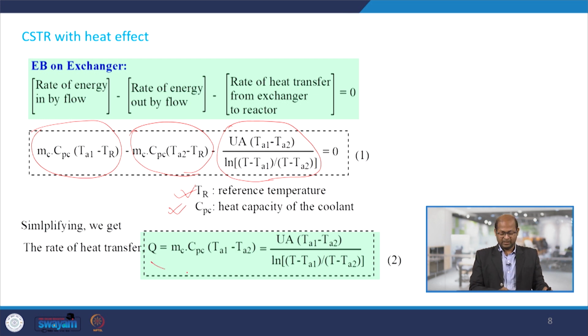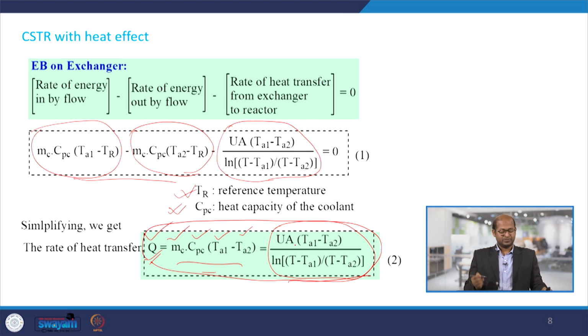If we simplify, equation 1 we can write this way, with these two on the left hand side and this on the right hand side. So Q equals this: if you know the mass rate, heat capacity and coolant inlet and outlet temperatures, then you know the rate of heat transfer to the system. And if you know the overall heat transfer coefficient, heat transfer area and LMTD, that way also we can write the rate of heat transfer to the system.